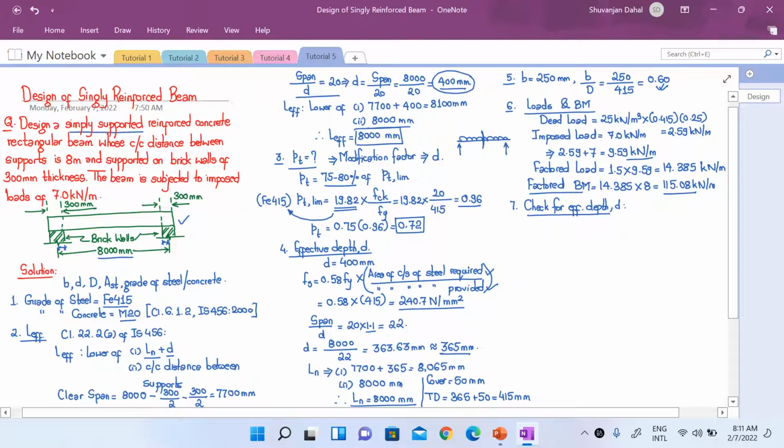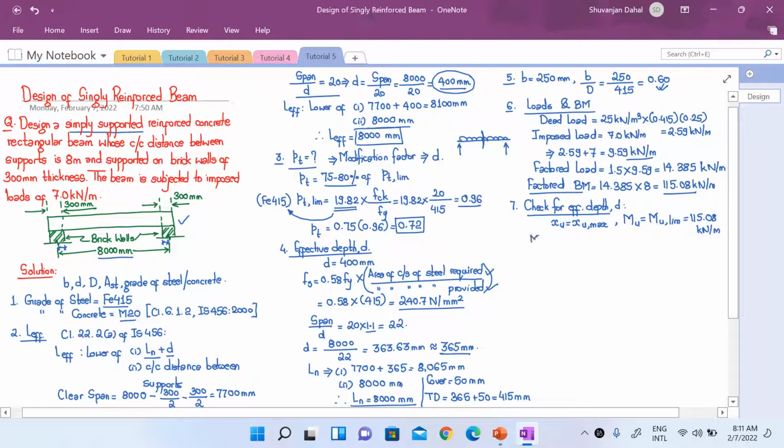So let us now determine the limiting effective depth, and that limiting effective depth is determined when xu equals xu max, and this factored moment that we just got is equal to the limiting moment, that is 115.08 kilonewton meter. So if we suppose that this factored bending moment is our limiting moment, then we can calculate the value of xu max.